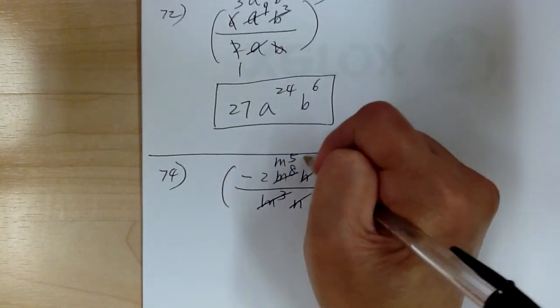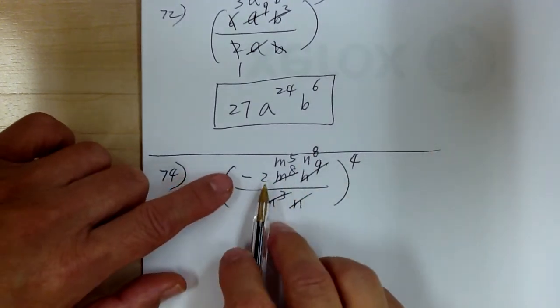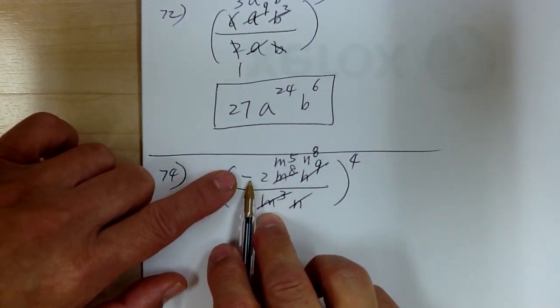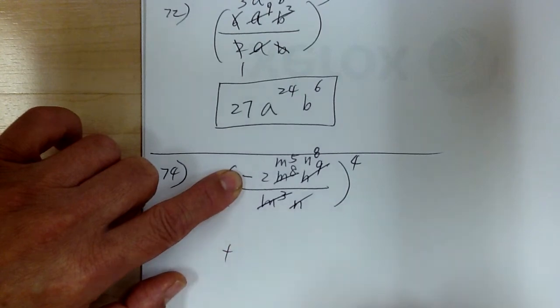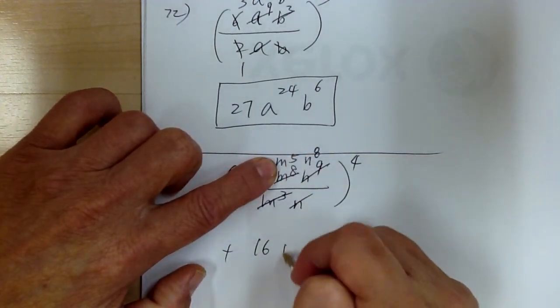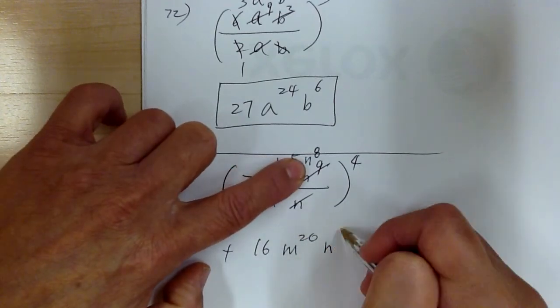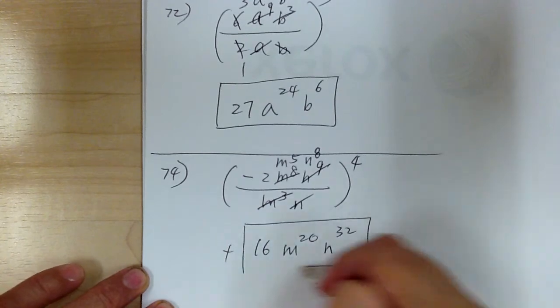This one cancels, you get n to the 8. Now when you multiply, be careful. This is not for flipping. This is a negative sign, not an exponent. So negative to the 4th power becomes positive. 2 to the 4th power gives you 16, and this will give you m to the 20, and this will give you n to the 32, and there's nothing on the bottom, so that's your answer.